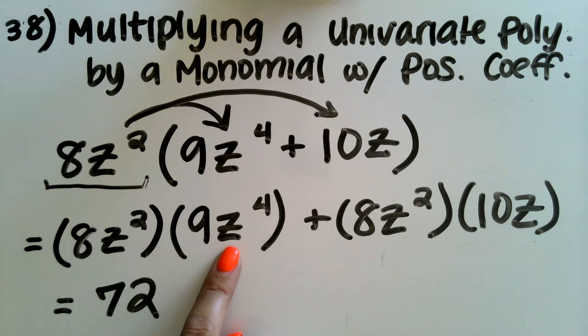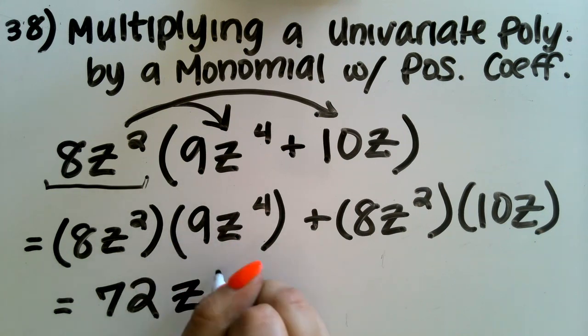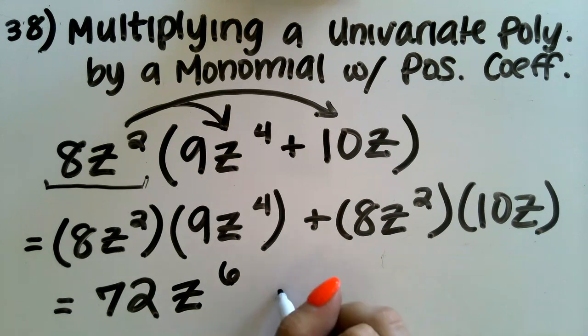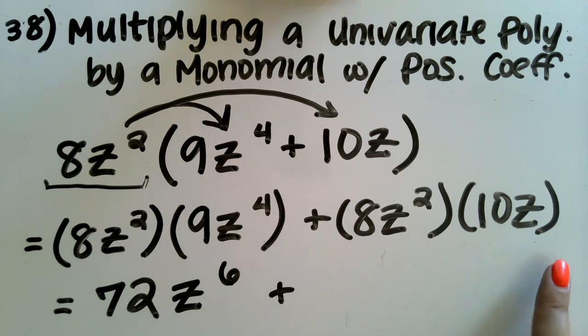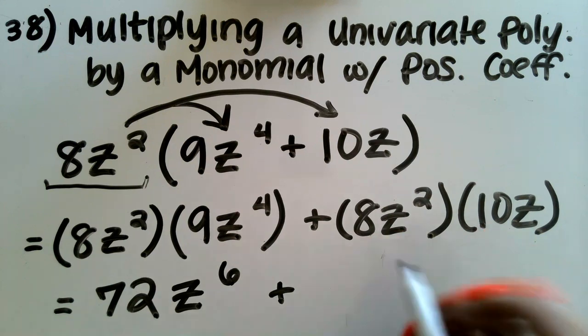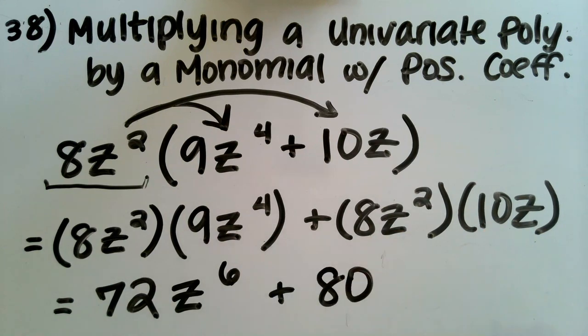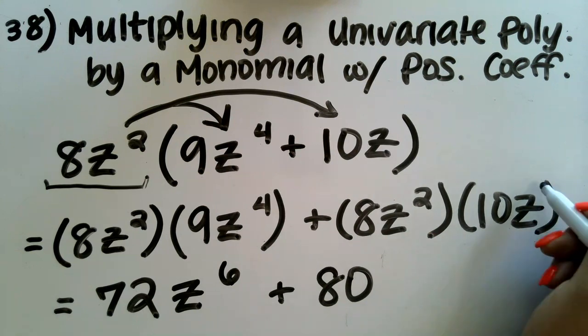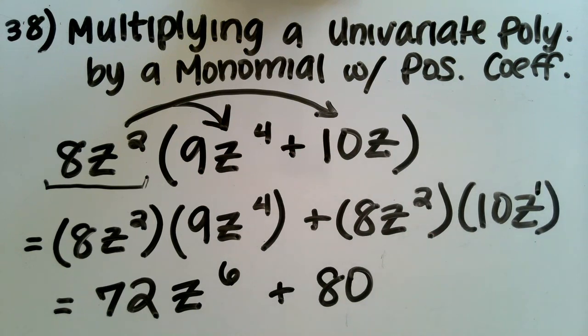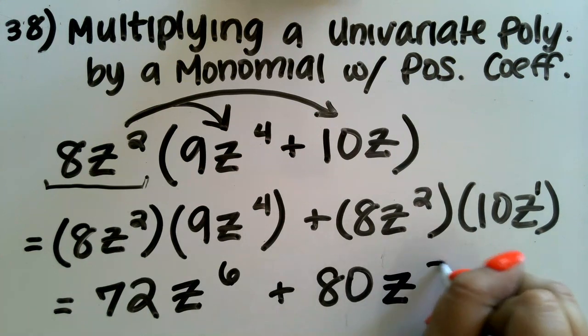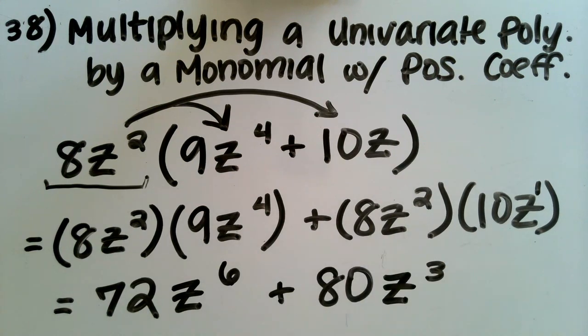We're going to add those exponents together. 2 plus 4 is z to the sixth power, plus, now let's jump into our second one, 8 times 10 is 80, and then z to the second power times z, remember this is the invisible first power, 2 plus 1, we're going to end up with z to the third power.